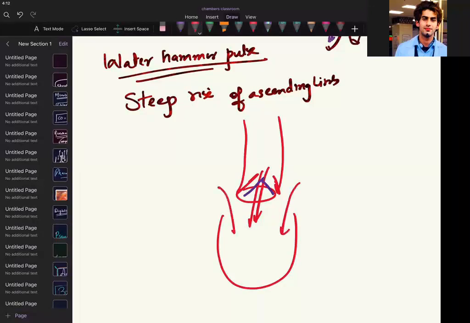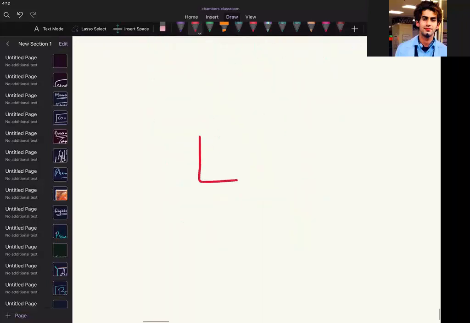Blood is entering from the left atrium. This is the left atrium. Think that the aorta is above it. Or if I draw it like this, this is the left ventricle and this is the aorta. You had a regurgitation of blood. So what will happen? The blood is coming back.